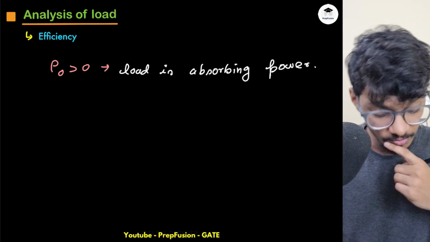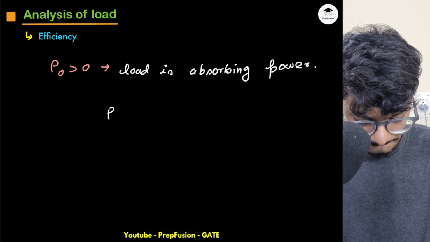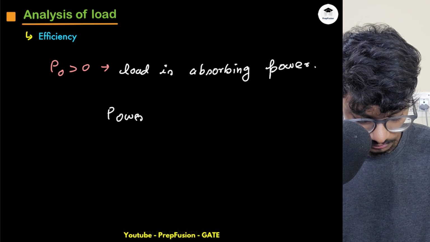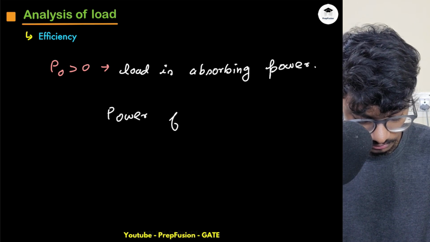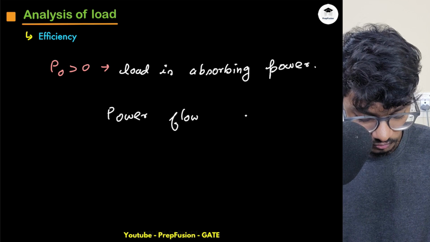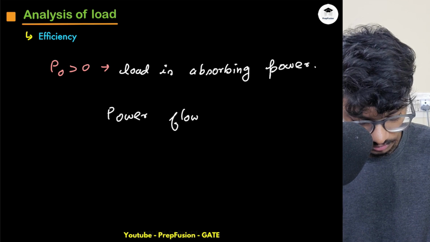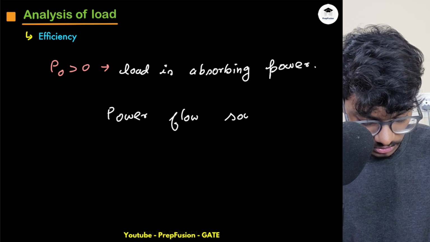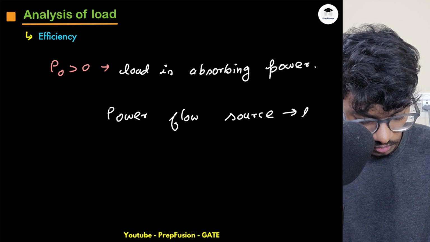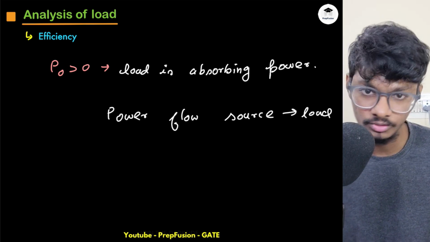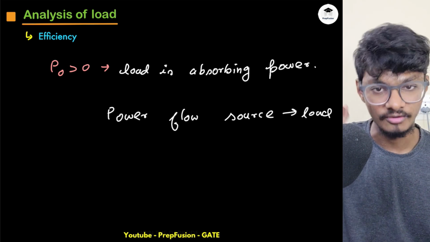Now if your load is absorbing power, that means power flow will be from source to load always. As PO is positive, it is absorbing, so power can only flow from source to load only.